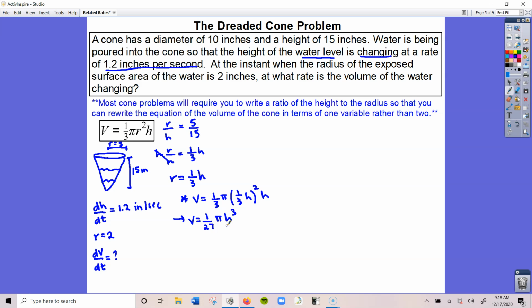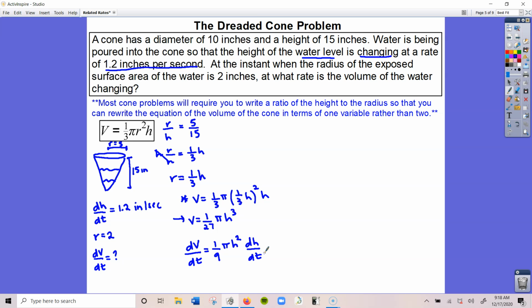Once I have it written like this, now we can differentiate and all we would have is dV/dt and dH/dt, which is what I have here. So let's differentiate. We have dV/dt is equal to, now 3/27 would be simplified to 1/9 pi h squared dH/dt.